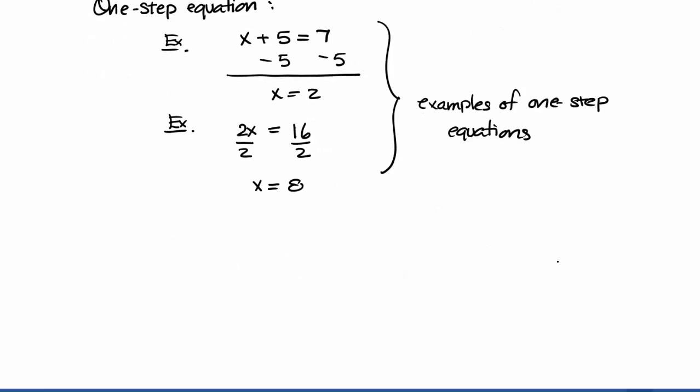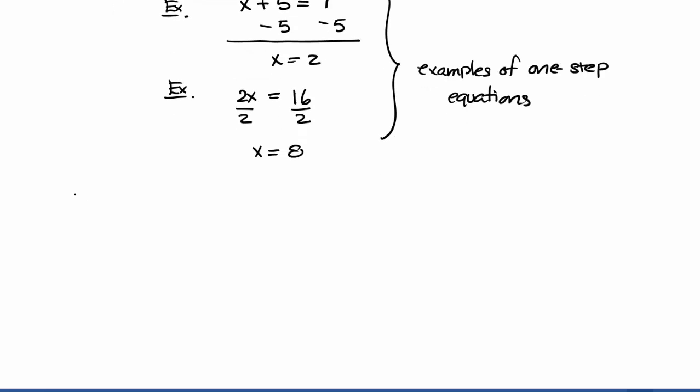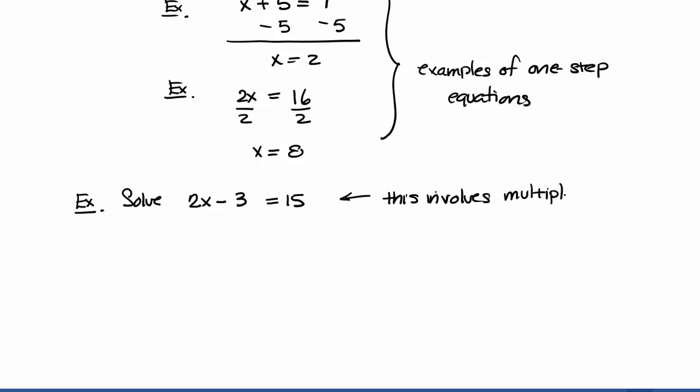Okay, so now an example of a multiple step equation. If I say solve 2x minus 3 equals 15, this involves multiple steps. And the first thing we need to do is to isolate the term with the variable first.